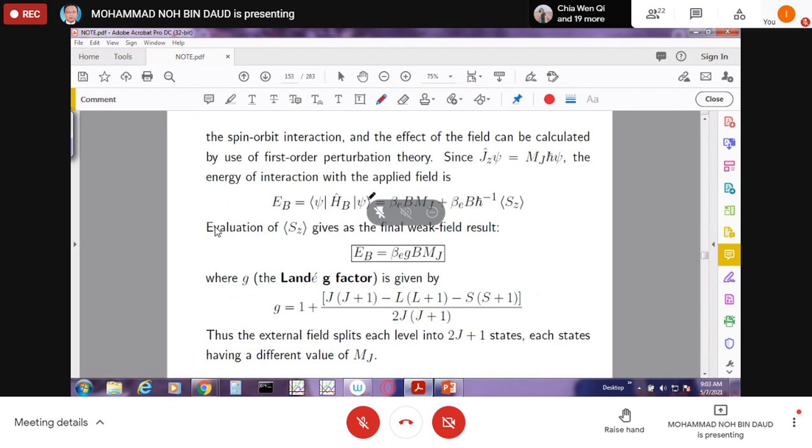We can use the zero order wave functions. Once we use the zero order function, we will get only the first order energy corrections. So this is the first order perturbation theory, and we get this approximate energy for EB.